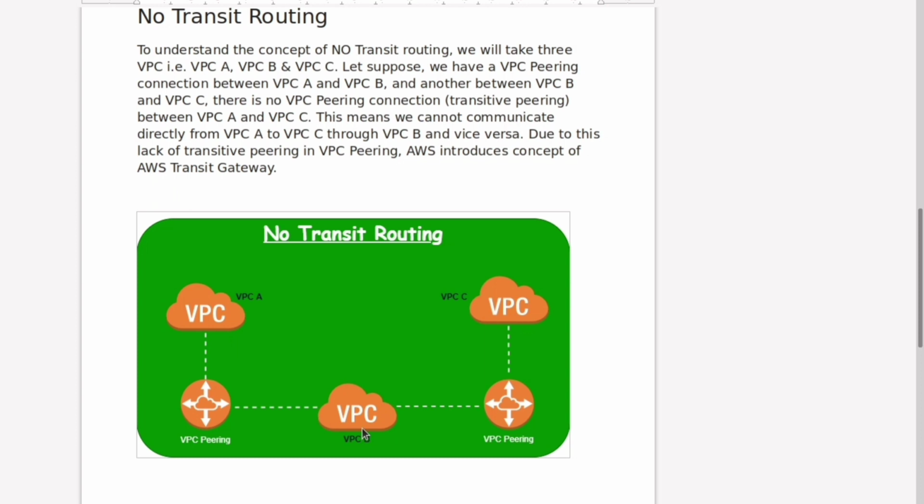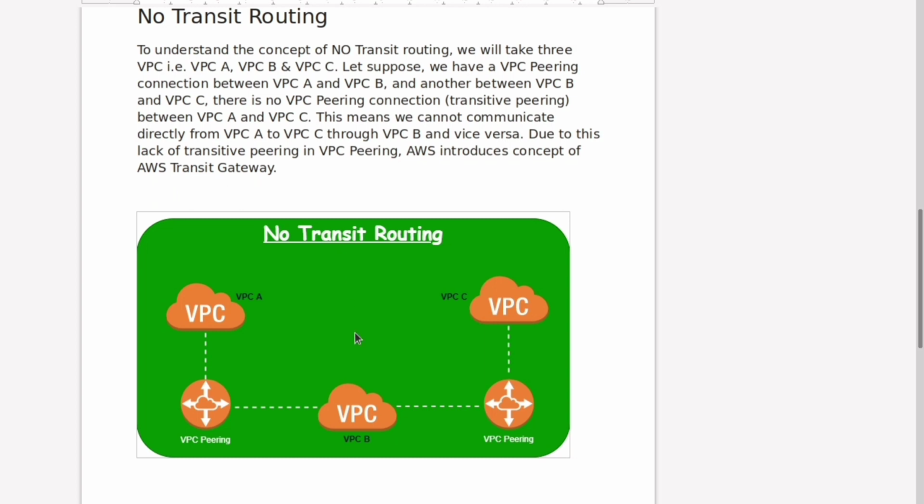There is no transitive peering between VPC A and VPC C. So this means we cannot communicate directly from VPC A to VPC C through VPC B, and vice versa. Due to this lack of transitive peering in VPC peering, AWS introduced the concept of AWS Transit Gateway.